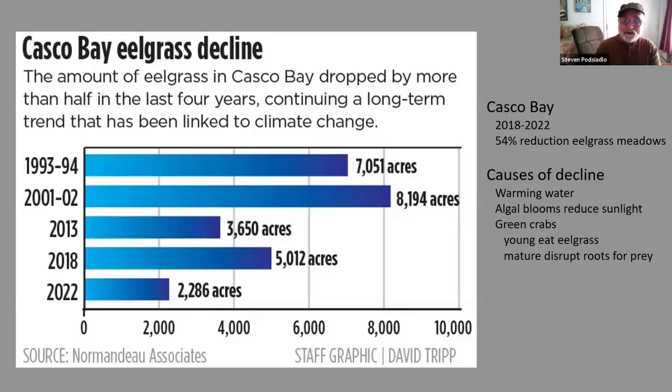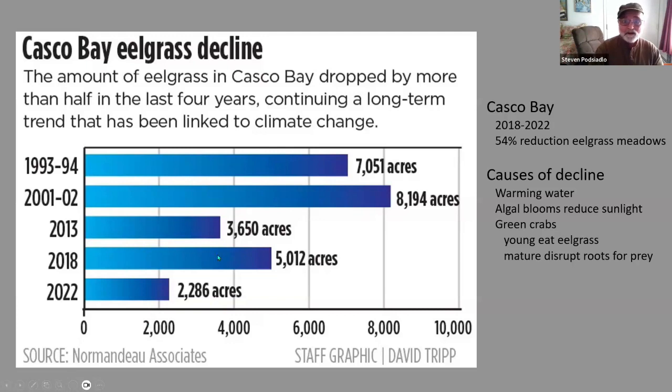Some of the reasons for that decline, and they haven't nailed it all down, but these are the likely candidates: warming water, algal blooms that reduce the sunlight, because these grasses need sunlight to photosynthesize. Green crabs, again, the young will eat the eelgrass, they'll snip it off right at the base, while the mature green crabs will disrupt the roots when they're digging and looking for prey.